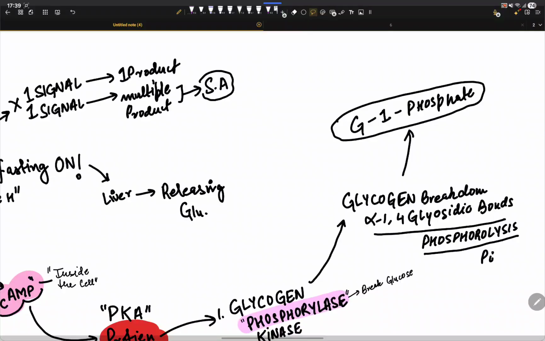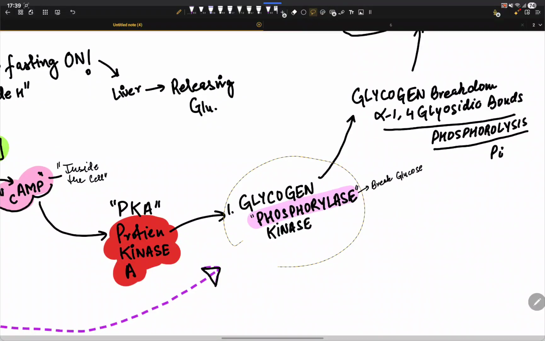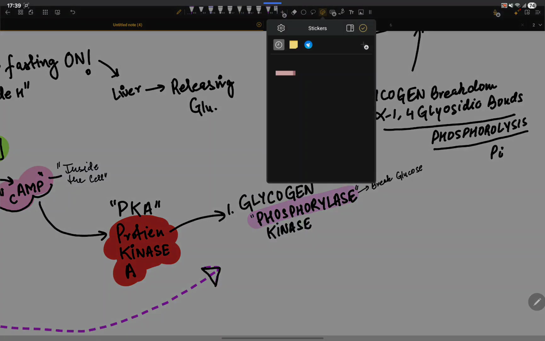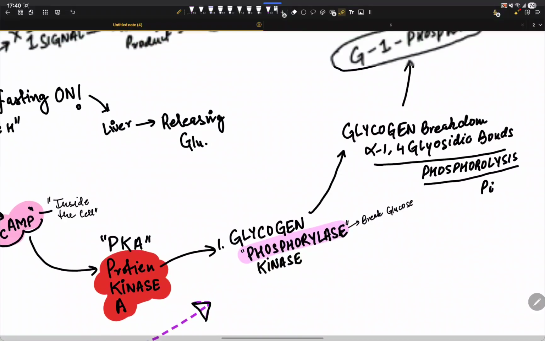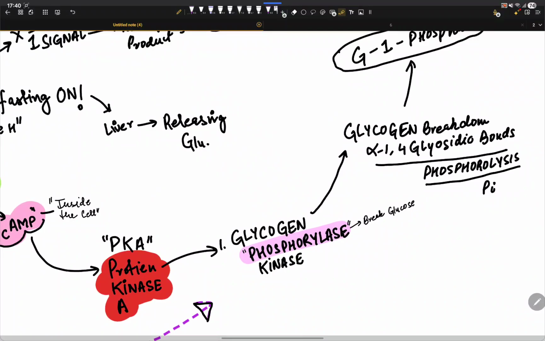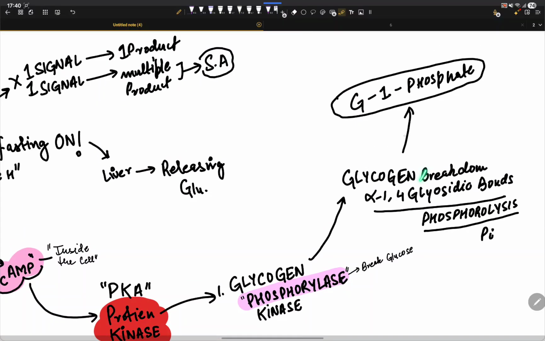If this enzyme released free glucose, the cell would immediately need ATP to phosphorylate it again if it wanted to use it in glycolysis for energy. So instead, nature keeps the product of glycogenolysis as glucose 1-phosphate. Nature saves energy.